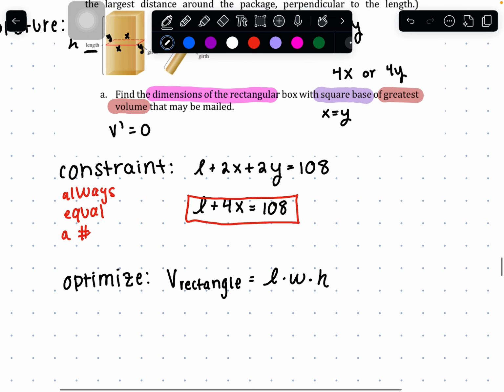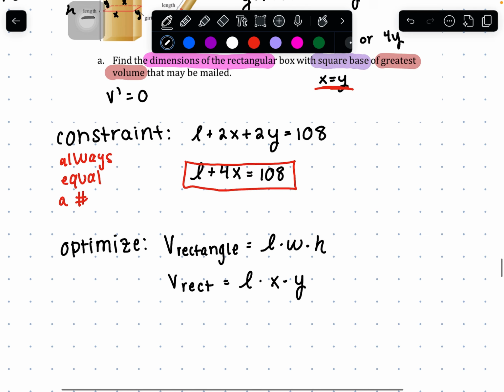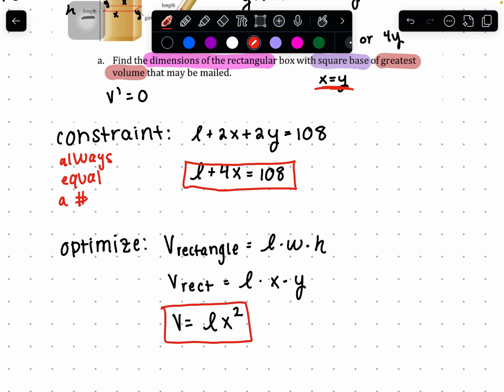So really the volume of the rectangle in this scenario is going to be L times x times y. But we already know that x and y are equal, so why don't we write that in so that our volume equation is just Lx squared. All right, so those are our two equations that we are going to use.